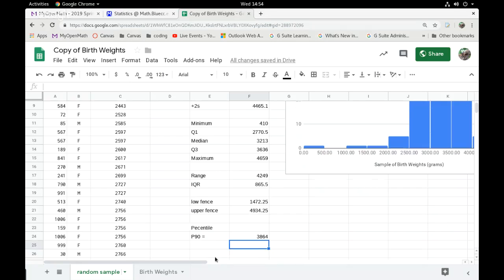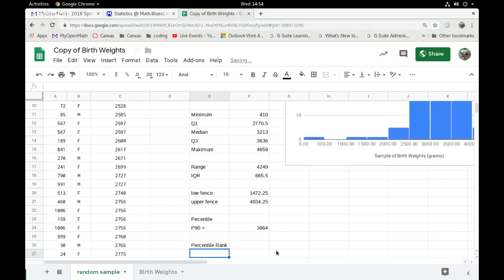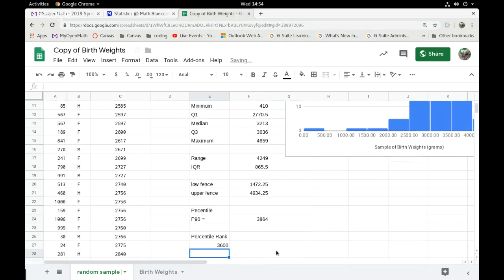Now, sometimes we go the other way. We're given a data value, and we want to find what percentile it's in. So here we had a percentile and we found the data. Now we're going to go the other way. Often that's called percentile rank. Suppose that a friend tells me, hey, my kid was born at 3,600 grams.